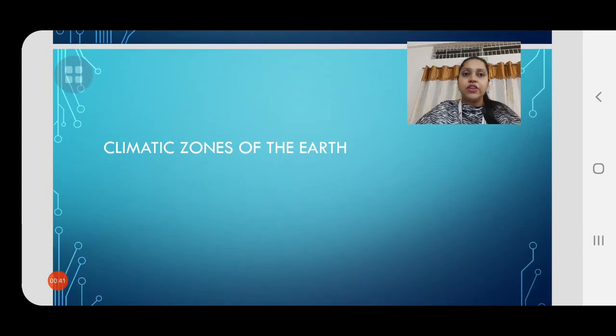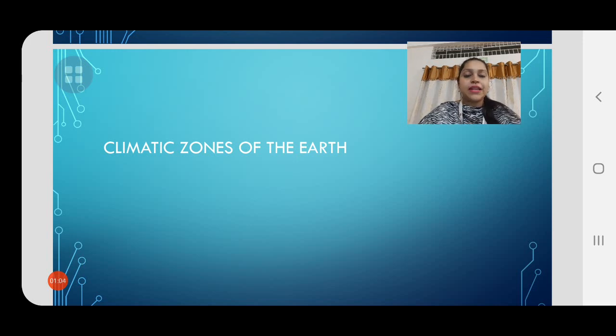You'll find it in your textbook. All of you take out a textbook, turn to the page after the seasons. You'll find the topic climatic zones of the earth. When I show you the page, you'll come to know. So what are the climatic zones of the earth? Before going, let's see into how many zones the earth is divided into.